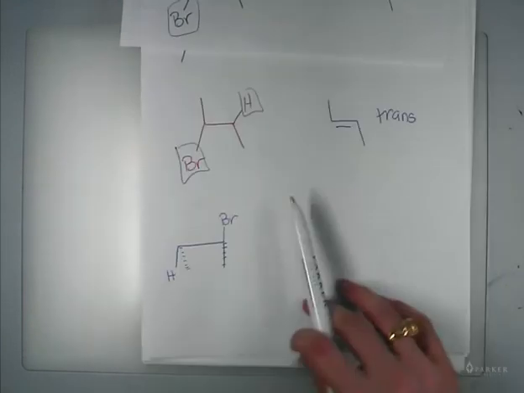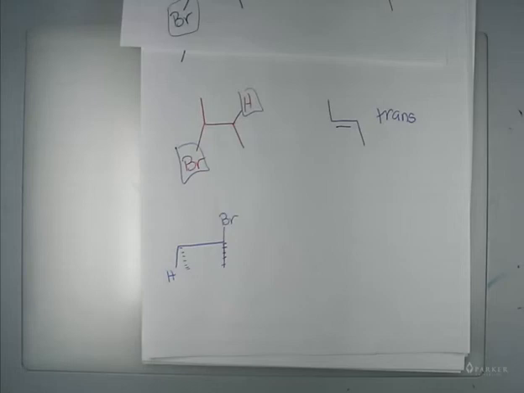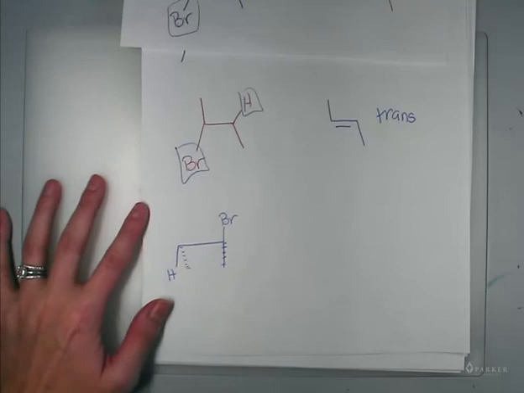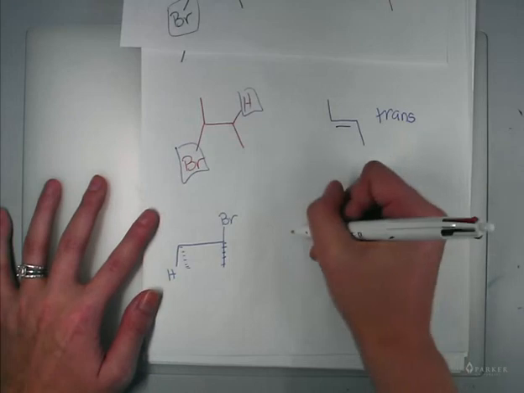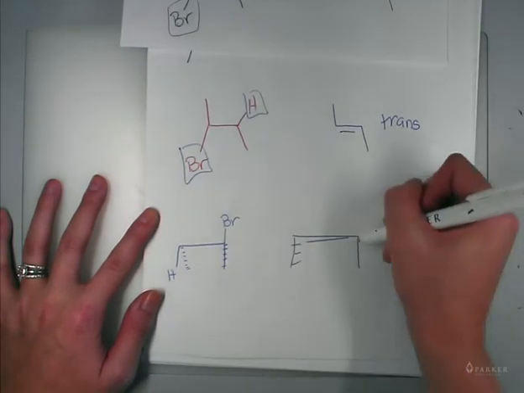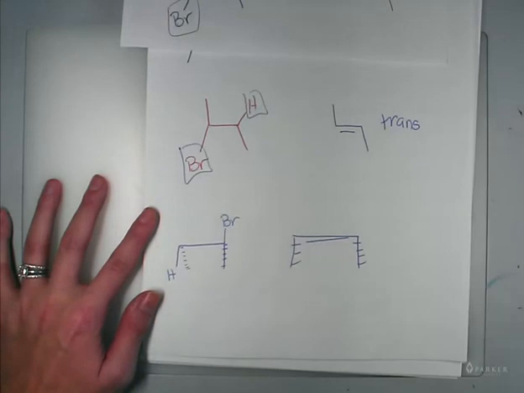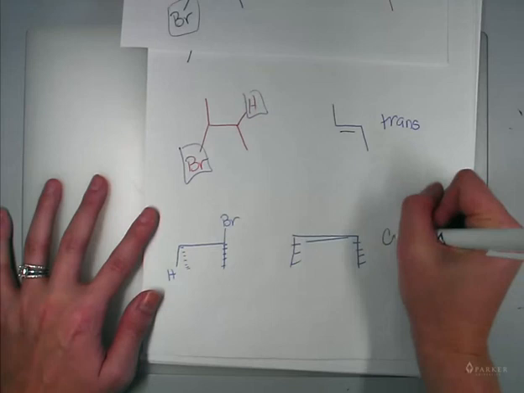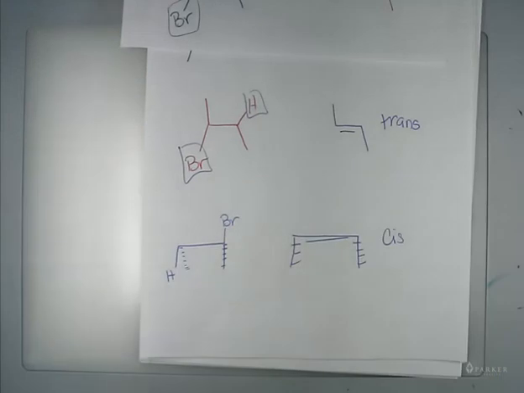Okay. Are these 180 degrees apart? Yes. Okay, so do I need to flip anything? No. How are these two carbon groups pointing? Back or down, however you want to look at it. So when I draw them, and you can put them on a dash if you want to, what do I have here? Cis, right? So you don't always necessarily make the trans.